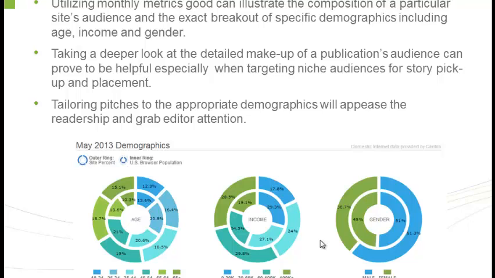So you can tailor pitches, press releases, any kind of content output to the appropriate demographic and appease your readership, grab the attention of whoever on the site is making those decisions of putting up certain content or not. You'll really be able to target your efforts and hone in on who you need to be speaking to.